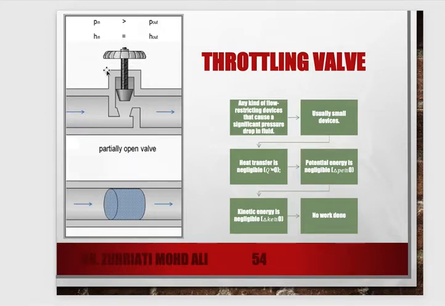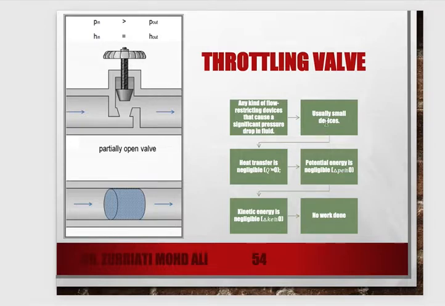So if you can see here, this is a schematic diagram of a throttling valve. This is the inlet, and we can see here that the pressure at the inlet is greater than the pressure at the outlet. So we can say that the function of a throttling valve is to decrease the pressure.